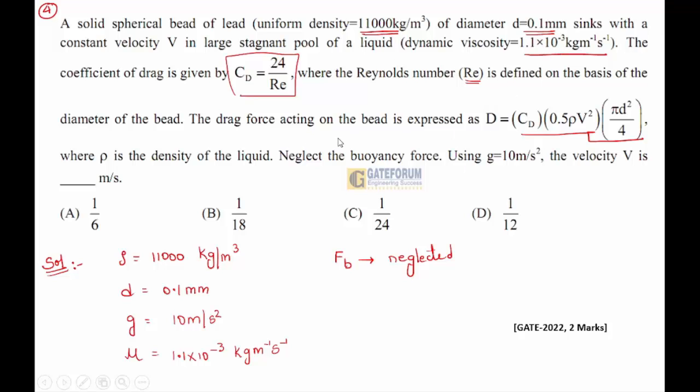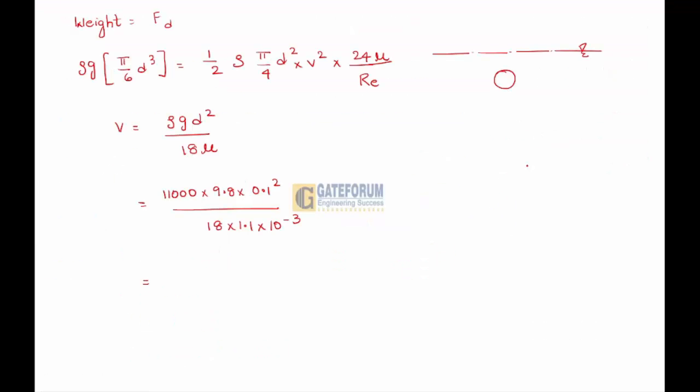So he has given take value of g is 10 meter per second square. Okay, accurately we'll take this 9.81, you write it as 10, solve it, you should get around velocity is 1 by 18 meter per second, right?